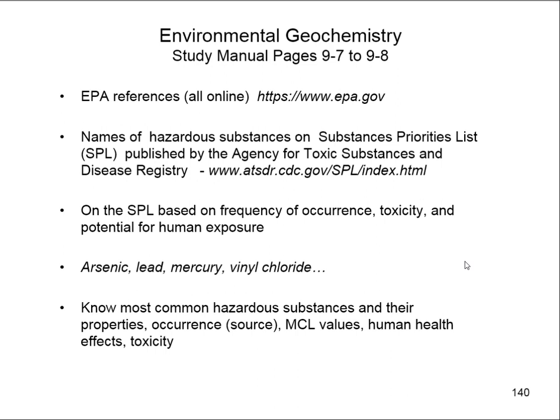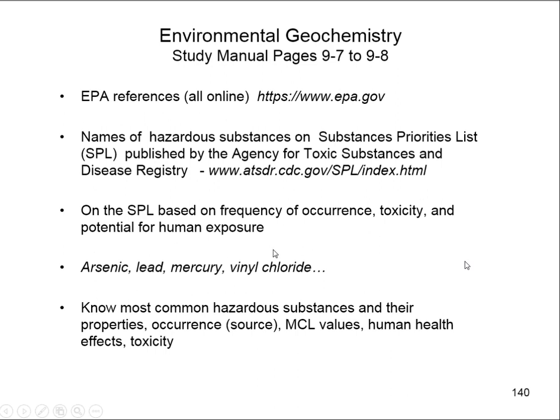Well, I looked at the substances priorities list, and the hazardous substances are put in this list based on 3 things: their frequency of occurrence, toxicity to humans, and the potential for humans to be exposed to them.